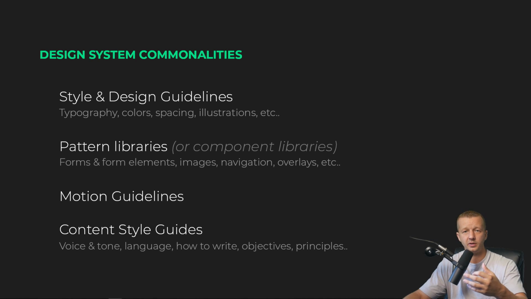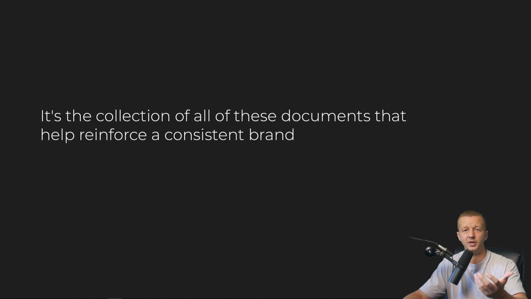This includes form elements, images, navigations, overlays, and there could be literally 100 plus more UI elements. There are also motion guidelines for UI animations. We saw that on at least three of them. We also see content style guidelines. This includes non-aesthetic elements such as voice and tone, language, how to write, company objectives, and principles. That is essentially what a design system is.